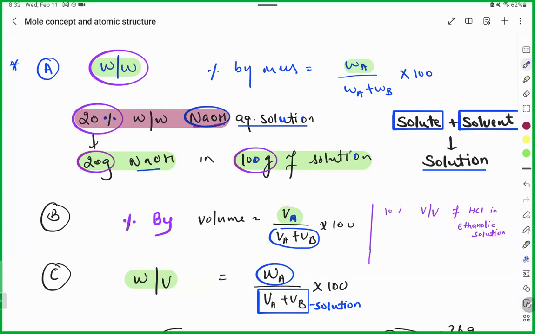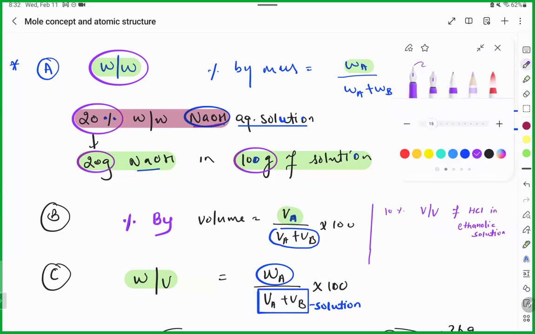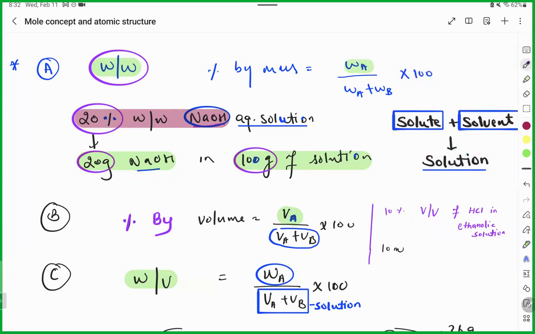If you take 10% volume by volume of HCl in ethanolic solution, it is saying that you have 10 ml of HCl as solute. In ethanolic solution means 10 ml is HCl, 90 ml is ethanol. Solvent ethanol C2H5OH, total is 100.